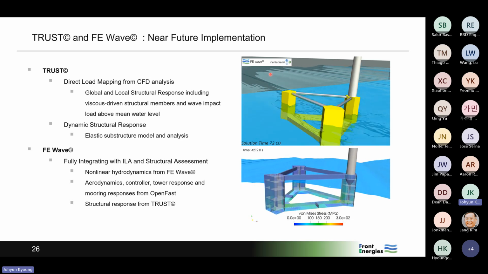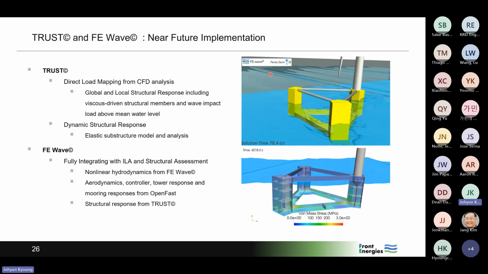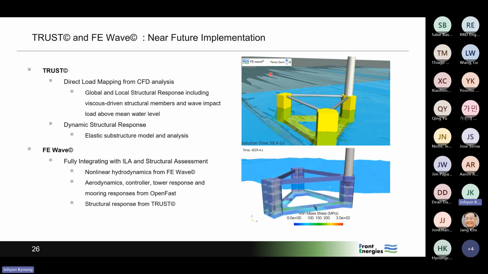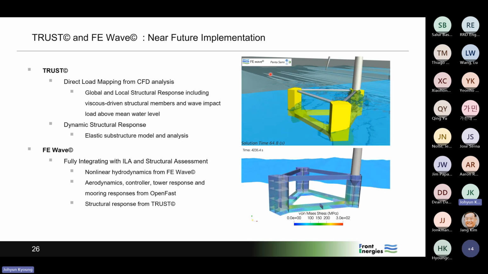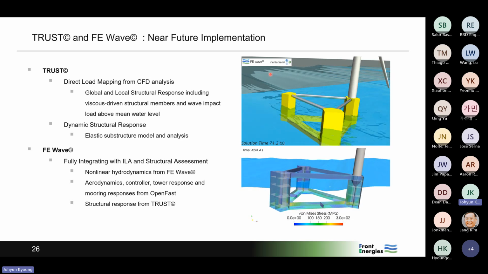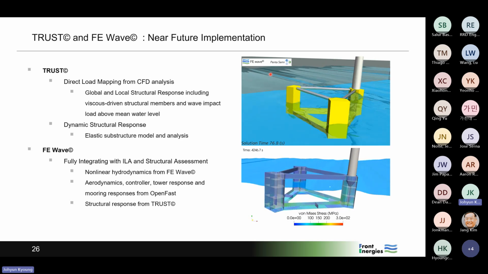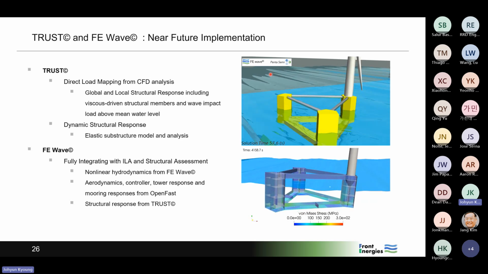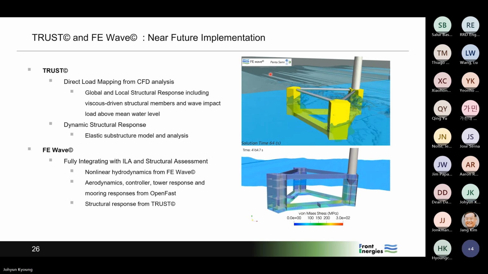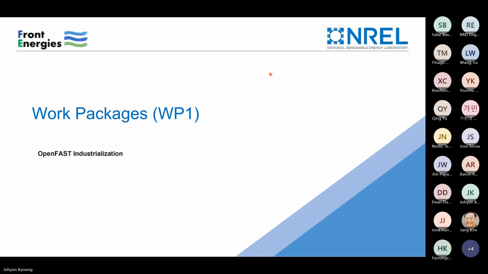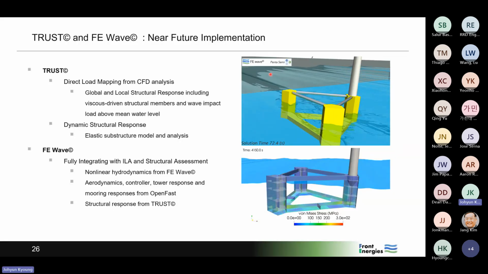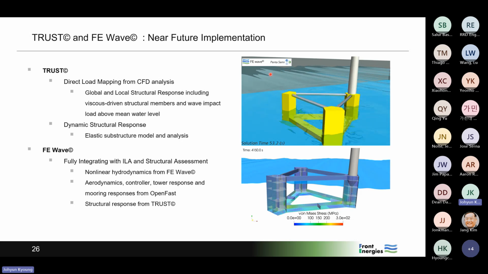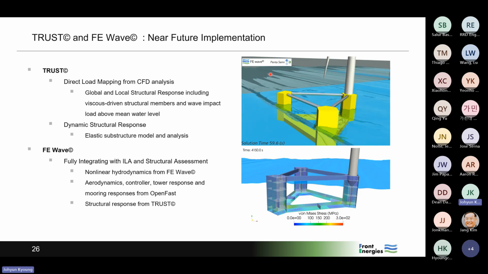With this numerical model, it can obtain the loading from the nonlinear wave and directly map it to the structure. And then through TRUST, we can gather the structural response for this nonlinear wave. That's the ongoing and near-future implementation topics. Yeah, that's a quick introduction to TRUST and FE wave, and all these we call the TRUST packages.